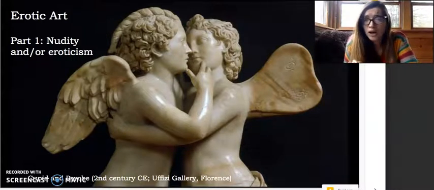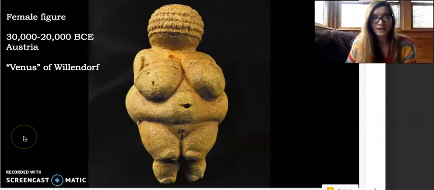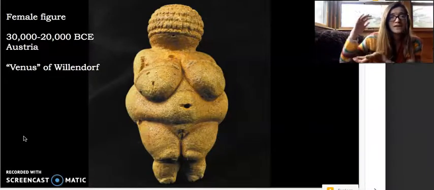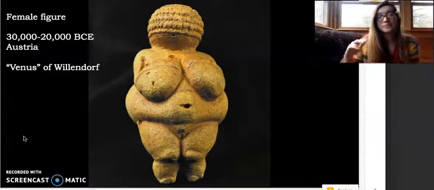So to start off, I want to just briefly take you to one of the oldest artworks of the Western world that we have. This is from 30,000 to 20,000 BC, and it was found in Austria. It's called the Venus of Willendorf, and it's a very small figurine.